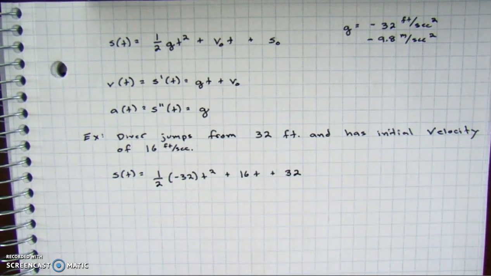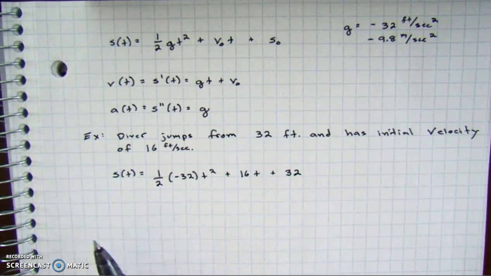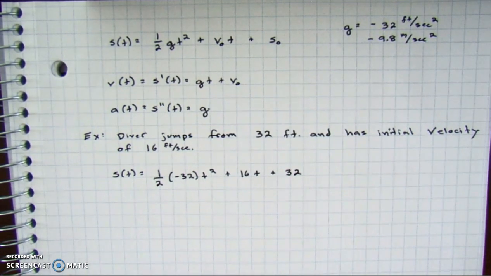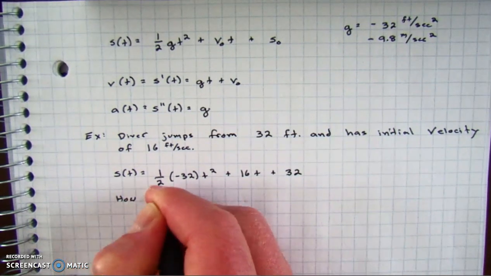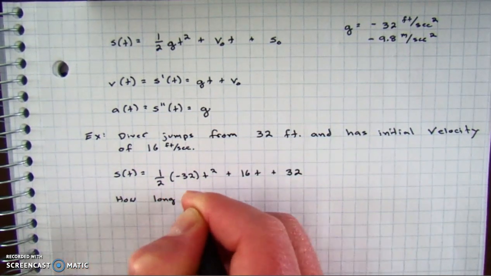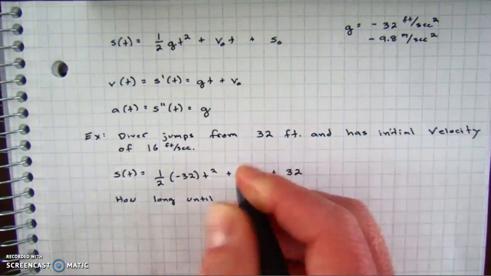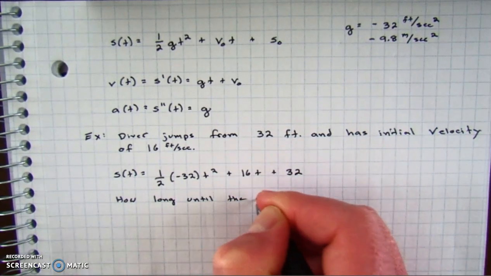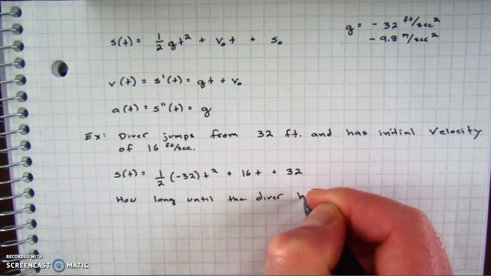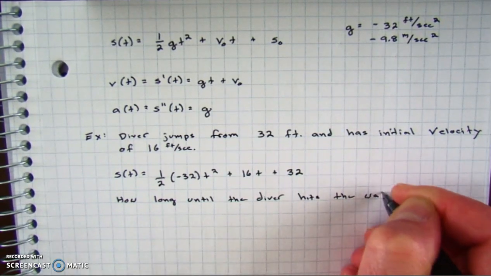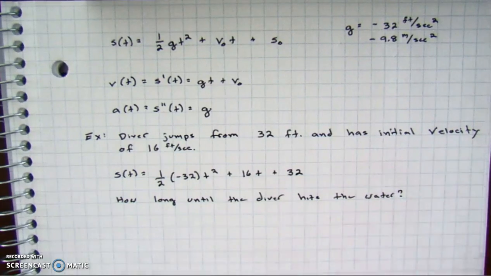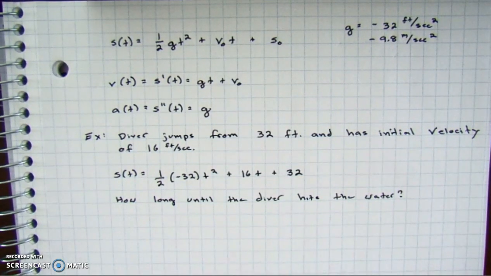So the first question that I want to ask is, how long is the diver going to be in the air? Maybe how long until the diver hits the water. In this case, we don't really have to do much in terms of derivatives.